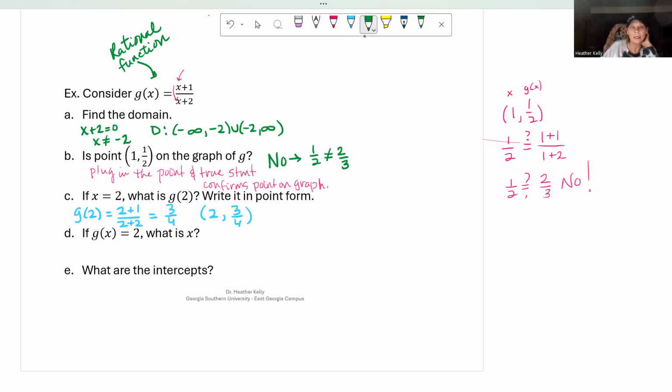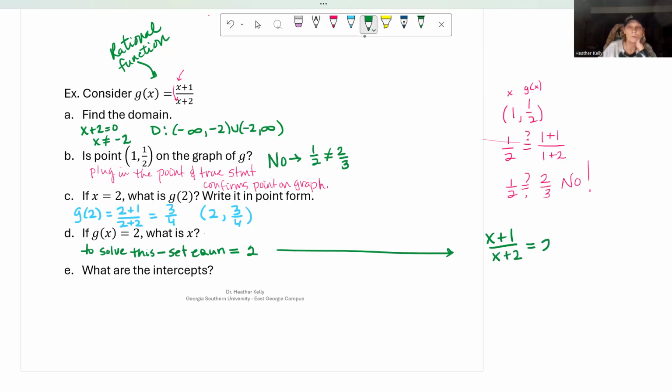Next question says, if g of x is equal to 2, what is x? Now, to solve this, we're going to set the equation equal to 2. So let's do that over here. We're going to say x plus 1 over x plus 2 is equal to 2.